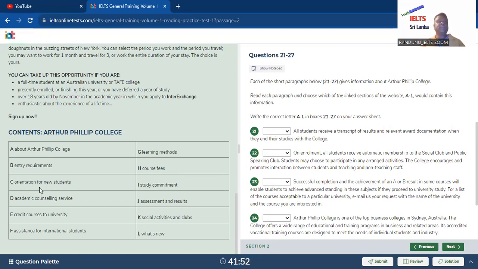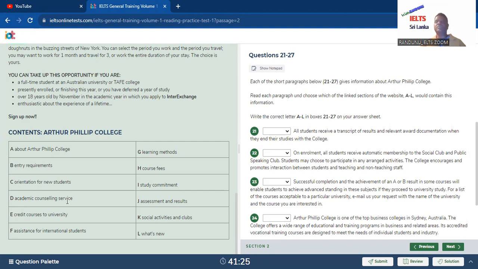C, orientation for new students. When you join Arthur Phillips College, in the first couple of days they will give you some orientation, some induction program. It is about introducing their people, their faculties, resources, library, all these things. These are orientation.